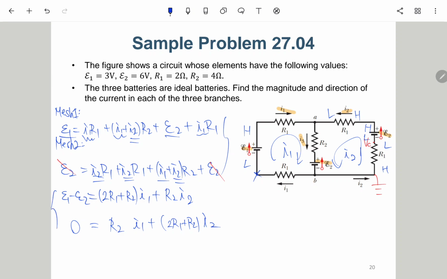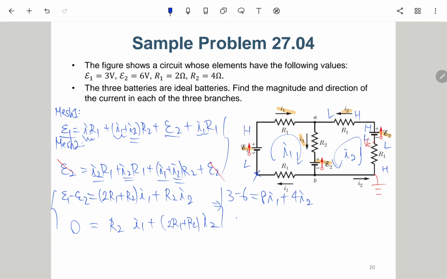So this is two equations, and then we can just plug in all the numbers. 3 minus 6 equals 2 times R1 plus R2. 2 times 2 is 4, plus 4 is 8 I1, and then plus R2 is 4 I2.